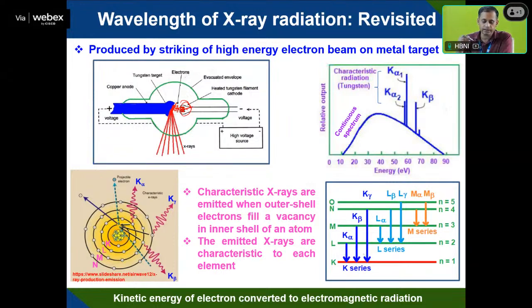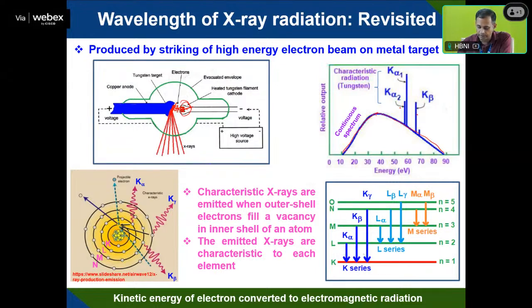Once the X-rays are produced, you will be able to see the characteristic X-rays as well as the background X-ray. You can see here the continuous spectrum, the background, which is mainly due to Bremsstrahlung radiation, and on that you will see K alpha 1, K alpha 2, and K beta. These are the characteristic X-rays.